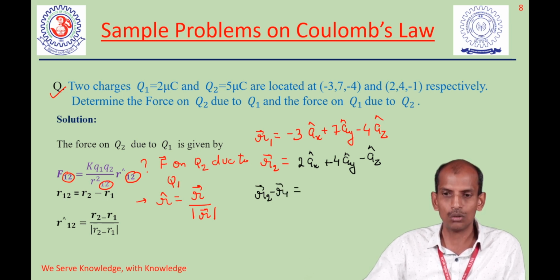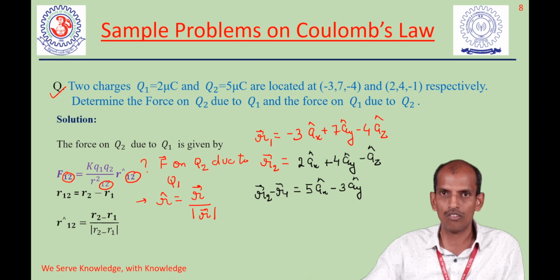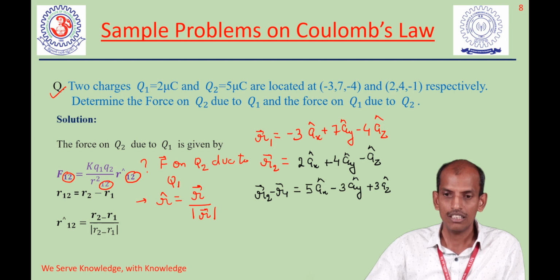When I write 2 minus minus 3, this becomes 5. When I write 4 minus 7, it becomes minus 3. And when I write minus az minus minus 4 az, it becomes plus 3 az hat. So R2 minus R1 is 5 ax hat minus 3 ay hat plus 3 az hat.